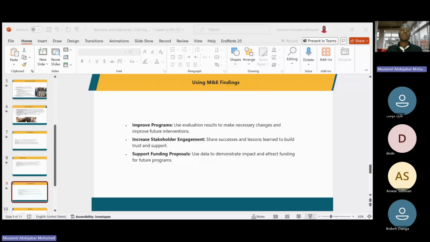Now, if you implement a program, for example a project, during the implementation you can evaluate your results.